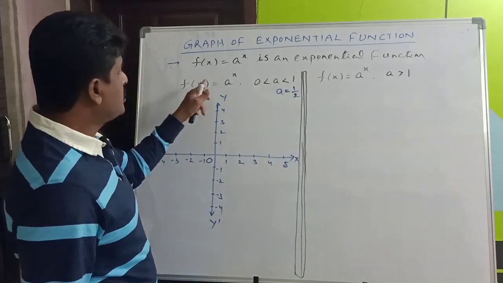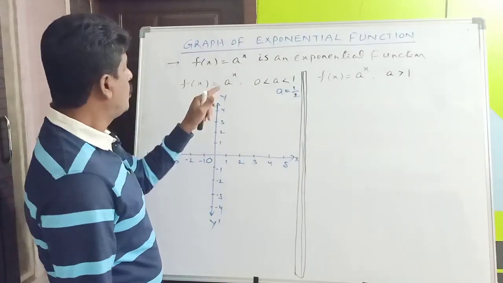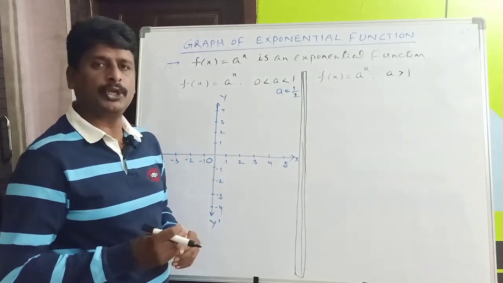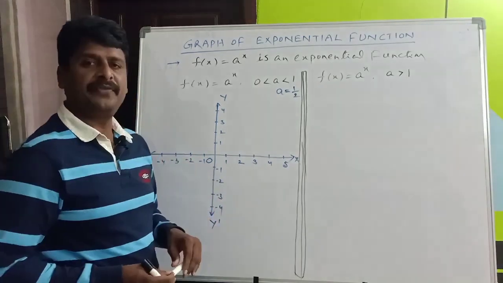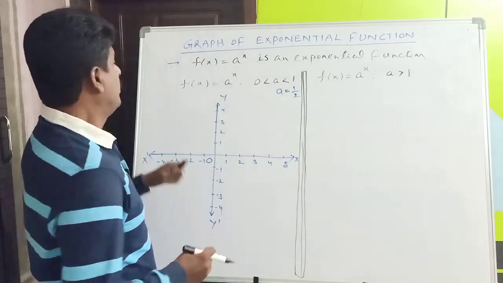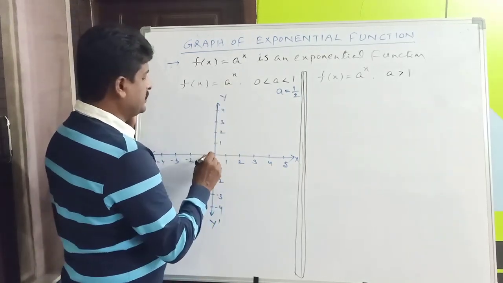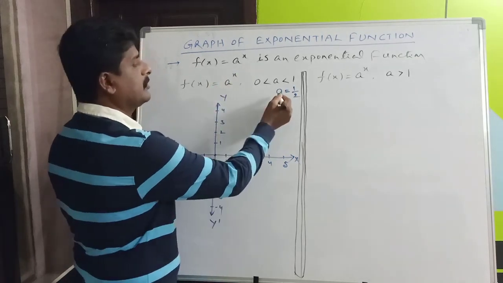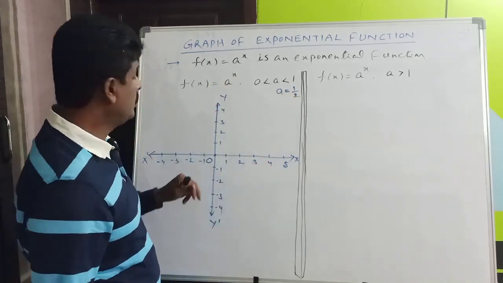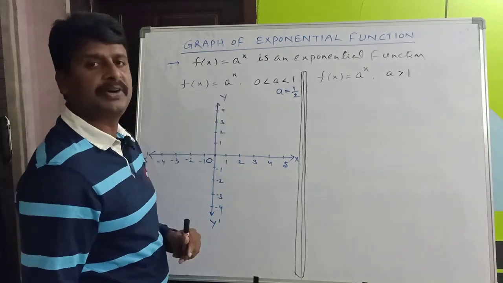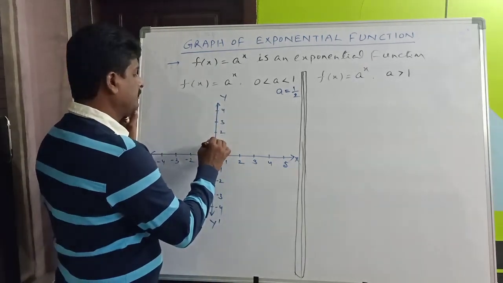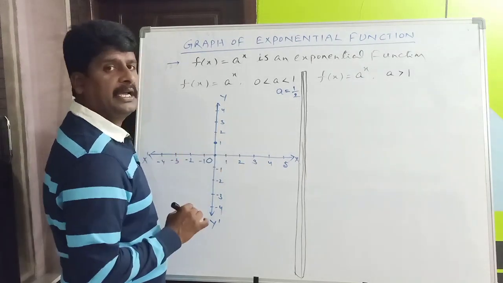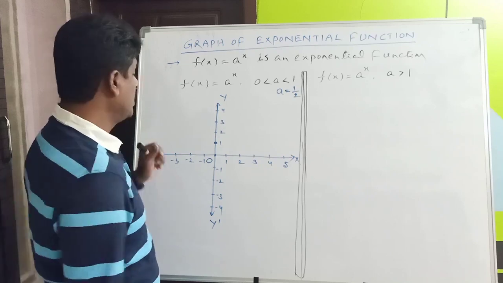Then the function becomes 1 by 2 power x. x is our independent choice, and the corresponding f of x values depend on it. For x equal to 0, this becomes a power 0, which is 1 by 2 power 0, that is 1. So for x equal to 0, the corresponding f of x value is 1.